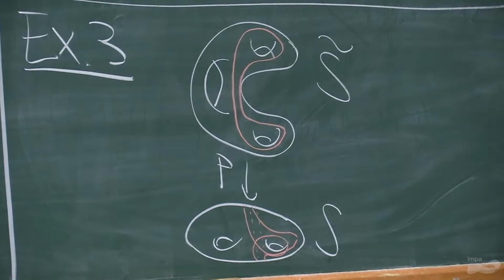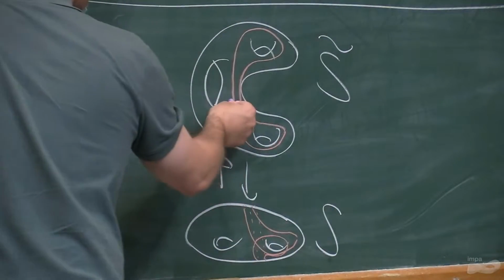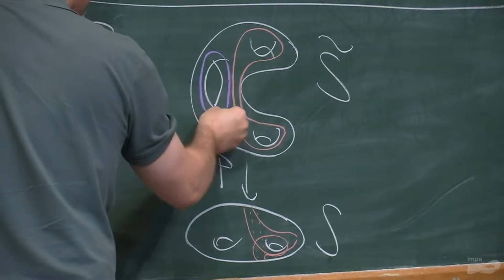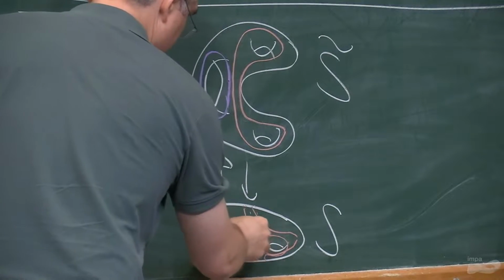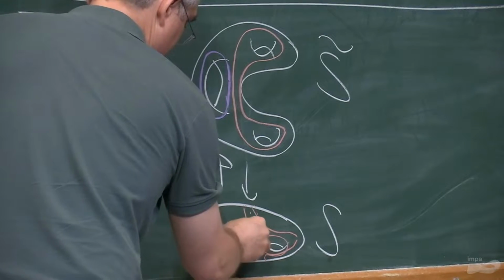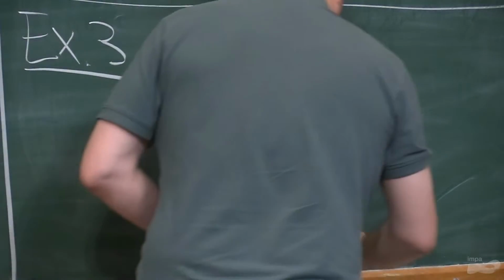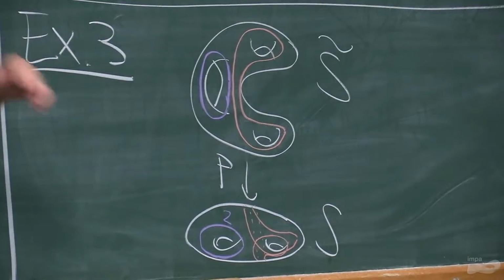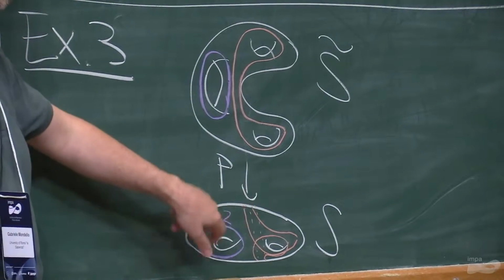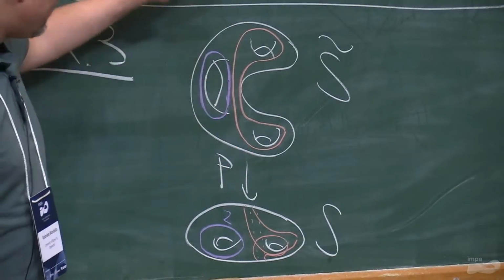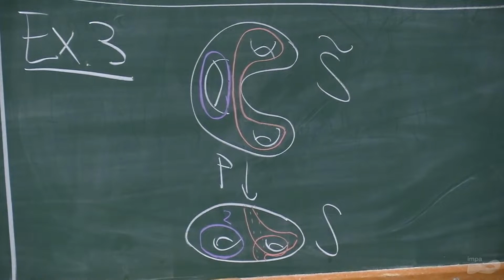That has two intersections. Or, another thing, you can take this curve, you push it down, and you get something like this, but done twice. Okay. So basically, you can get either a closed curve, which is not necessarily simple, or you could get a multiple of some curve. So basically, when you push down, you get something which is a weighted multicurve.